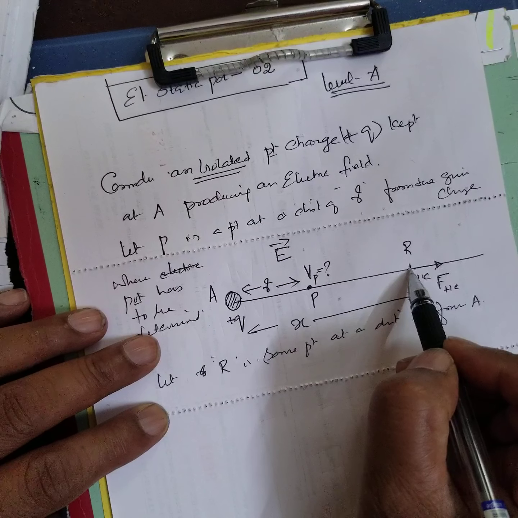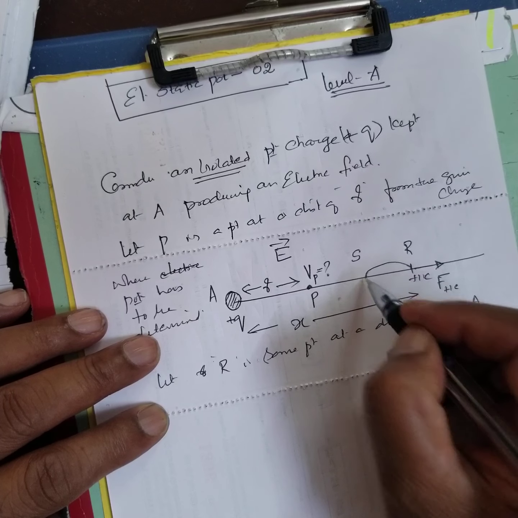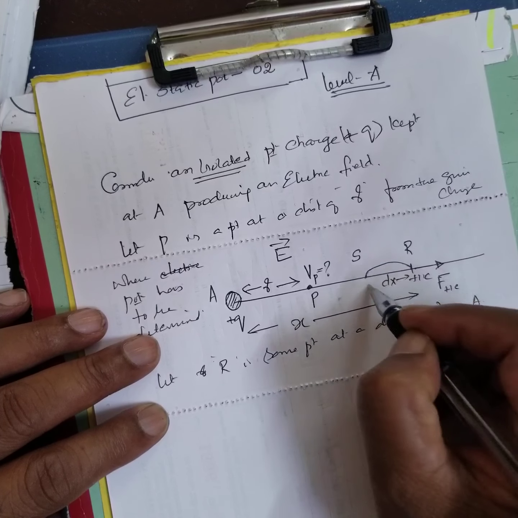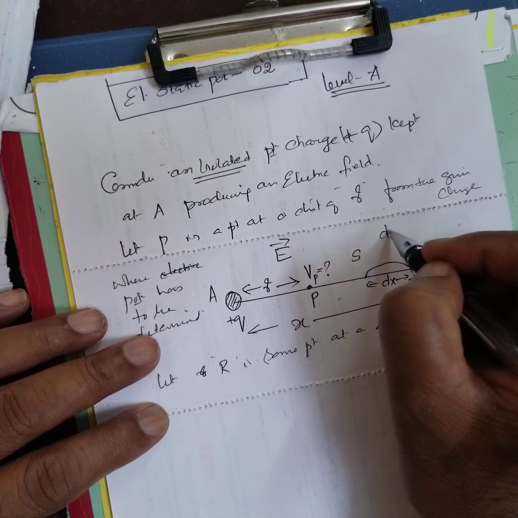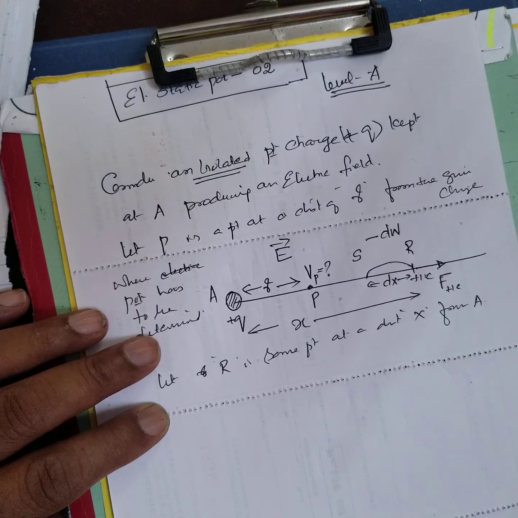Now this charge I will displace through a small distance, from R to S, a small distance dx. I am doing a small amount of work. This work is done against the field direction.